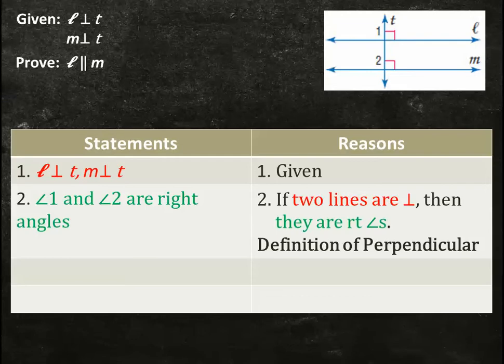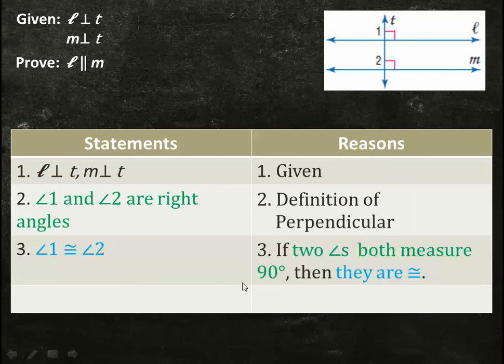Now then, next, we're going to say that angle 1 is congruent to angle 2. And see, I got rid of my if-then statement. That was kind of like doing hen scratch on the side. What I really wanted to know was the definition of perpendicular.